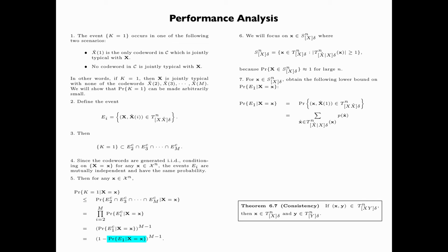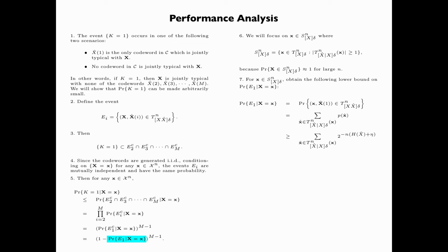By the consistency of strong typicality, if x and x hat are jointly typical, then x hat is also typical. And so by the strong AEP, p of x hat is lower bounded by 2 to the power minus n times entropy of x hat plus eta.